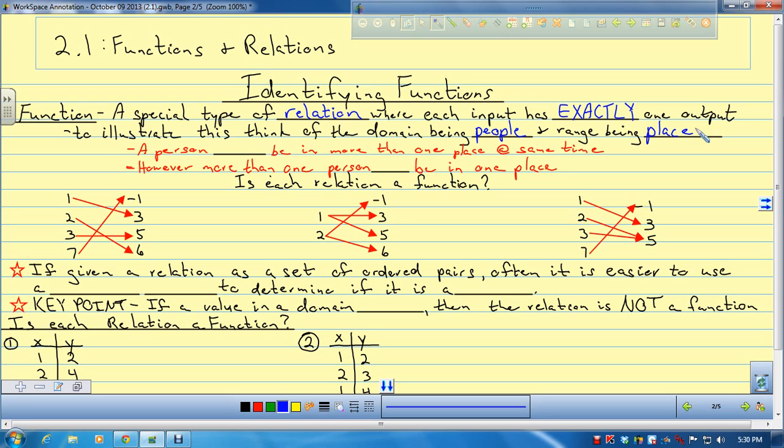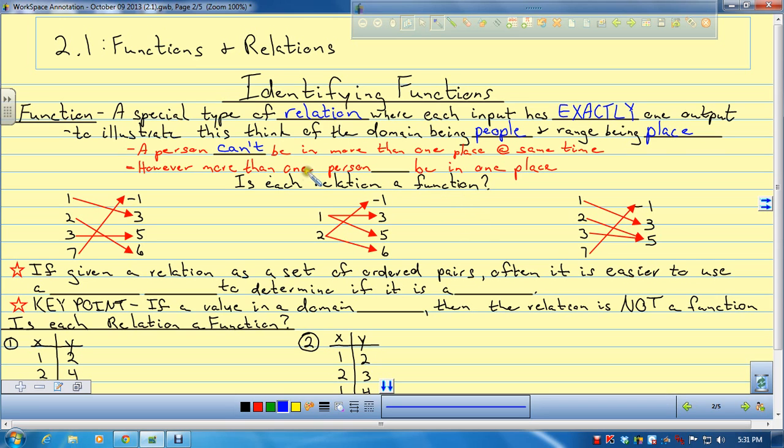So think about the domain, or the x values, being people, and the range, or the y values, being the place. Can any one person be in more than one place at the same time? Well, no, they cannot.